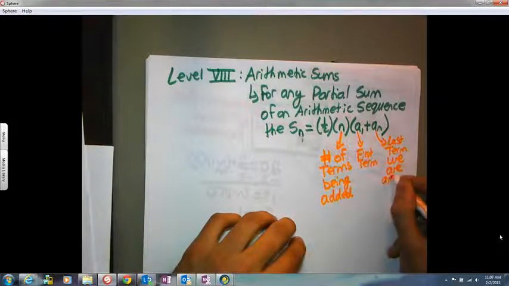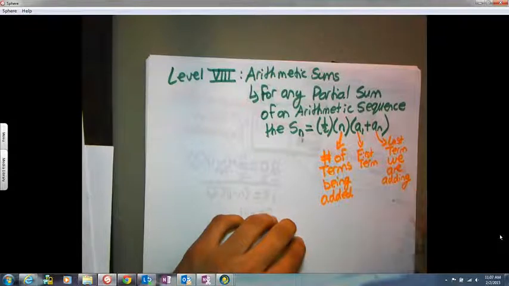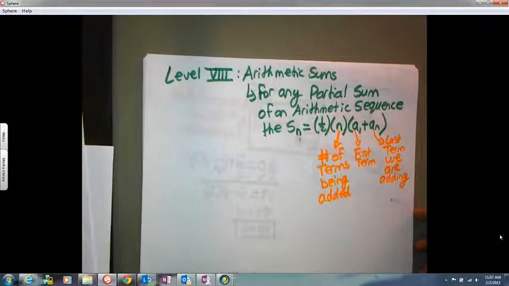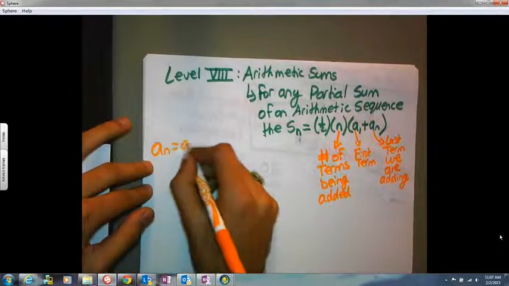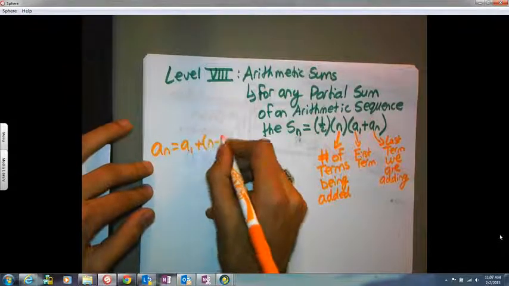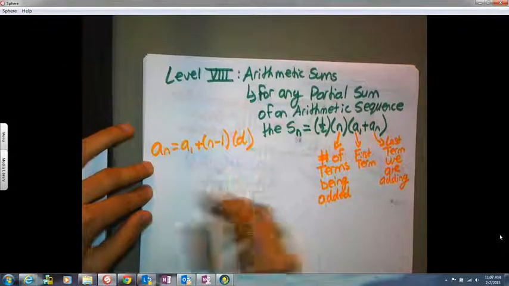Say that again? The presentation you gave us, just divide it in half or something like that? No, because the first equation, remember, was a sub n equals a1 plus n minus 1 times d. So that was the equation for the nth term. This is the equation for the sum. Oh, okay.